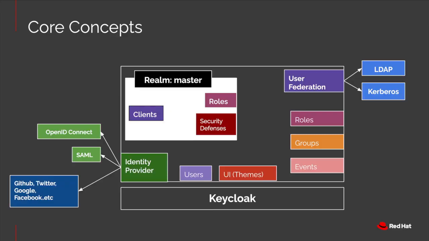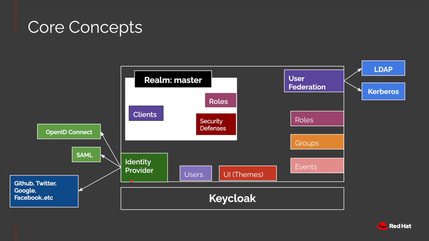Let's understand the core concepts. This architecture diagram will give you a good understanding of what comes with Keycloak. In the Keycloak UI dashboard, you can configure all those things very easily. The main configuration revolves around the realm. A realm is like a namespace which isolates your configuration, and you can configure your clients, your roles, and your security defense mechanisms.